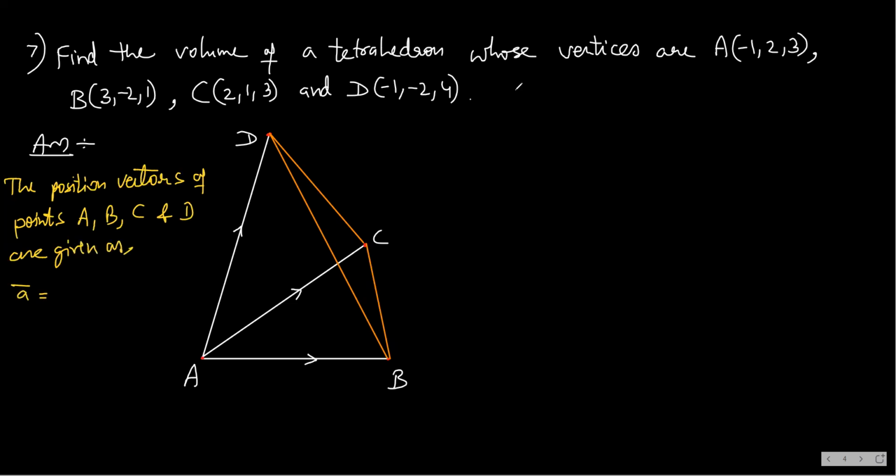What is A bar? A bar is minus I cap plus 2j cap plus 3k cap.